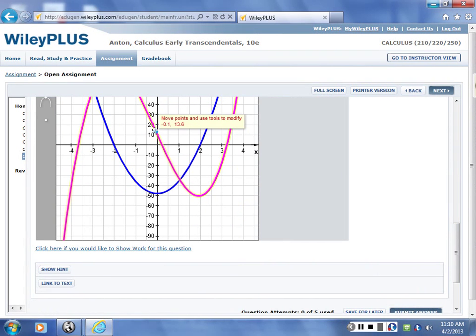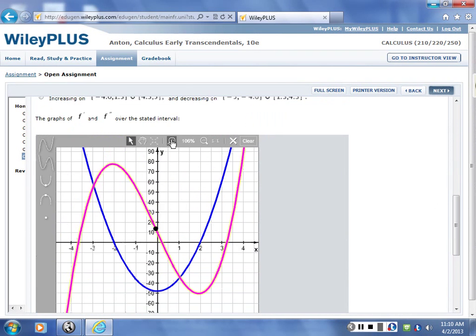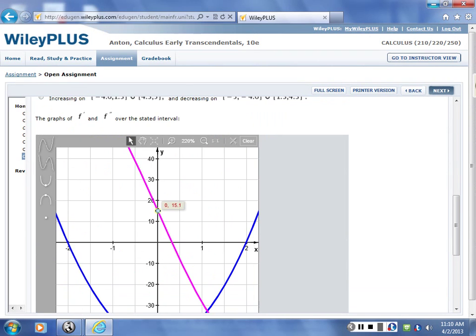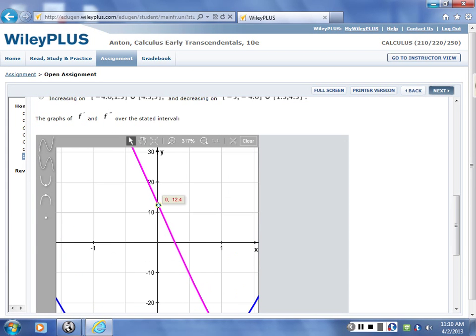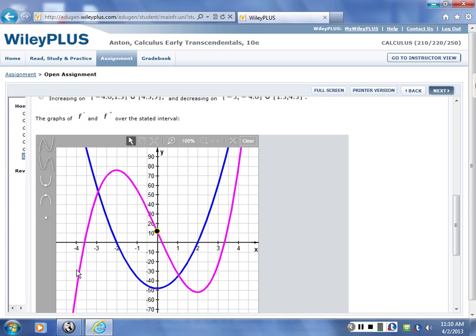Did I move that? Did move it. We need to be at 0, 12, right? Zoom in a little bit. 0, 12. If I plug in minus 4, it's below. If I plug in minus 2, the derivative should be above it, right?